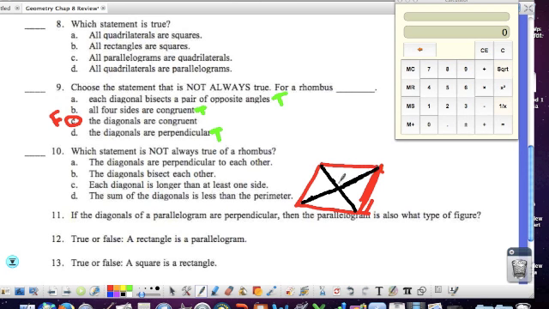Well, just right away by looking at it, it looks like the sum of the diagonals is less than the perimeter. That's the one I don't know. And each diagonal is longer than at least one side.